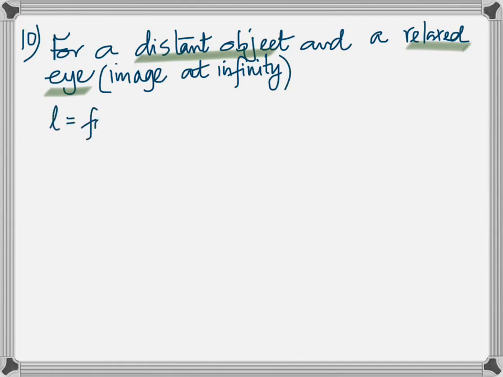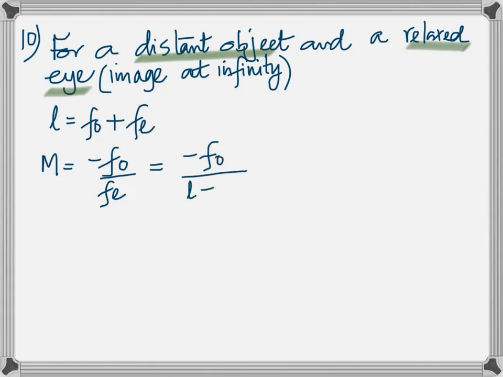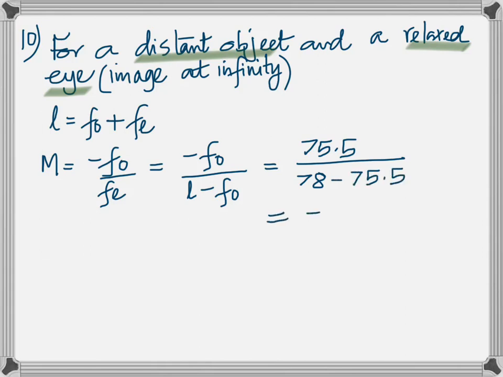In which case, the total length of the telescope tube will be equal to the sum of the focal lengths, which in this case is given as 78 centimeters. So now use the formula for magnification, but substitute for FE as L minus FO. All distances are in centimeters now. Get it as negative 30 times magnified.